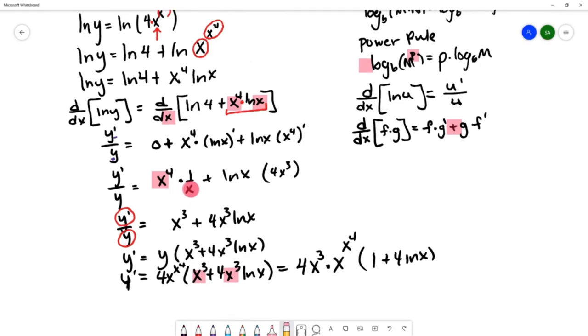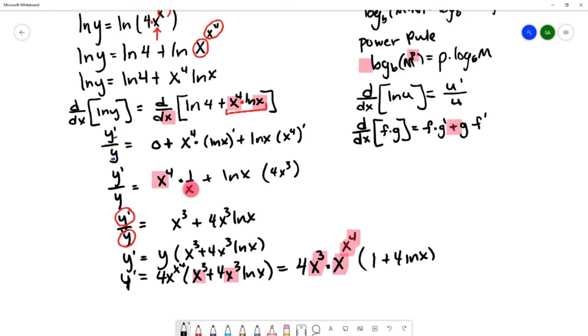So one last little simplification we can do here is that we notice that we have x to the power 3 and x to the fourth power. These are exponential expressions that have the same base, and we're able to combine those two factors together with a property called the product rule for exponents.